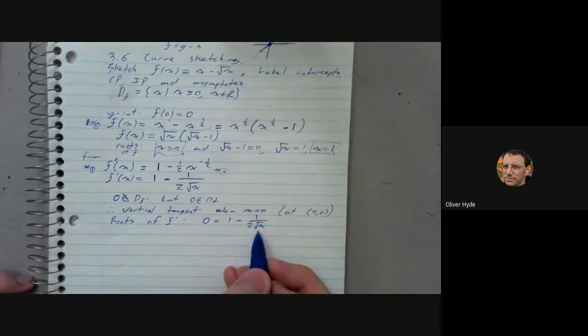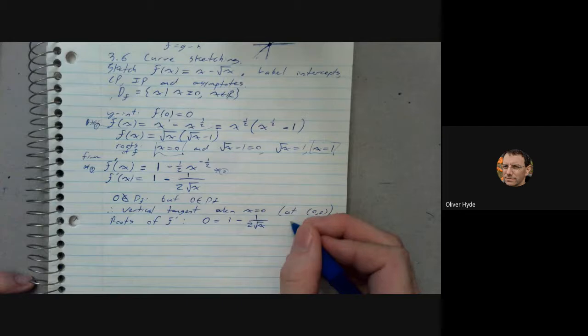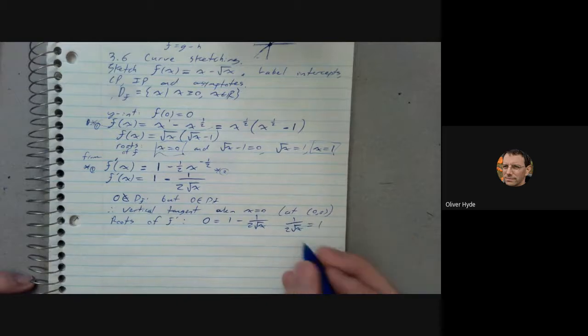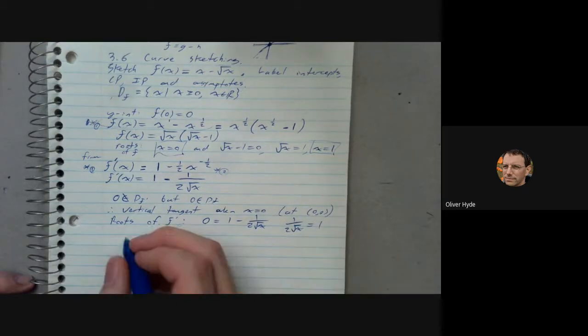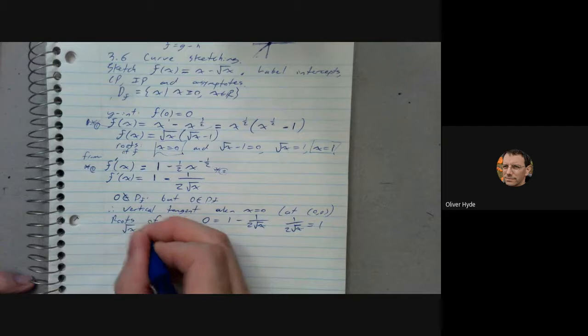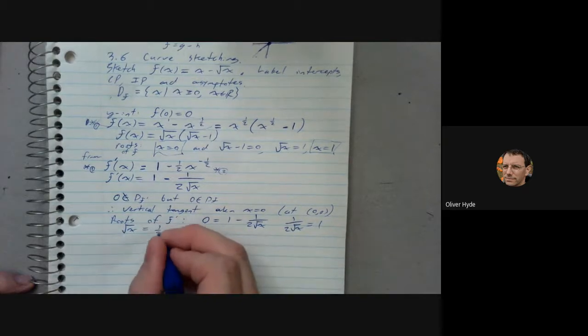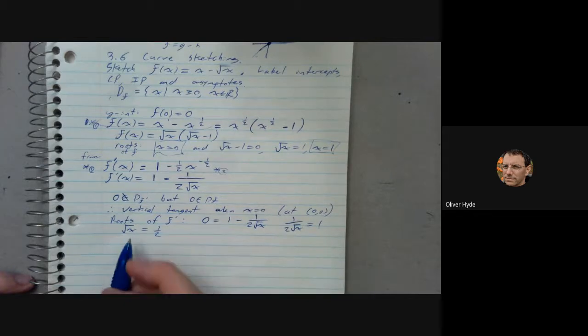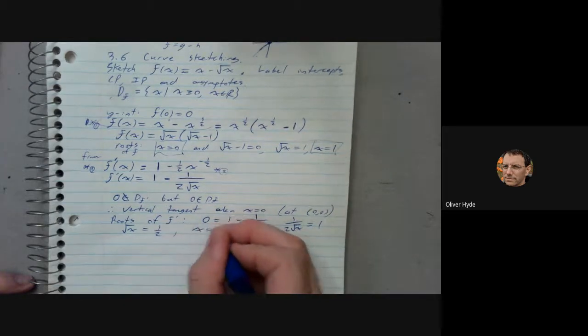I'm going to add 1 divided by 2 times the square root of x to both sides. I'll multiply both sides by, how about just the square root of x? There's no need to use cross multiplication here. And then square both sides, and I get x equals 1/4.